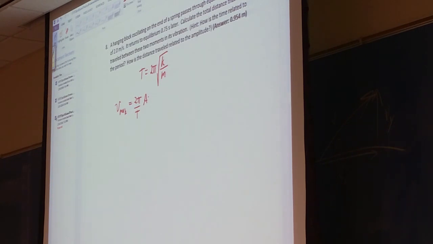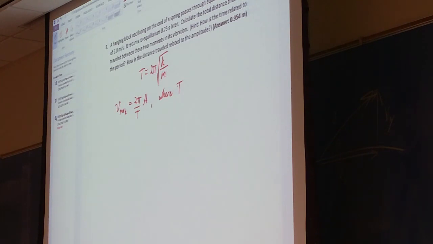Now, how can we find t from the information given in the problem? If it passes through equilibrium, let's say it's going back and forth like this, all right? It passes through the halfway point, gets to one extremum, and then comes back to equilibrium.